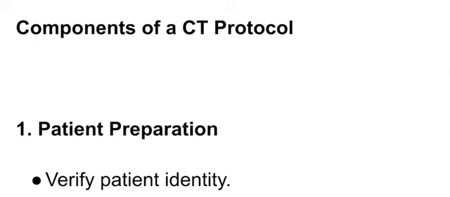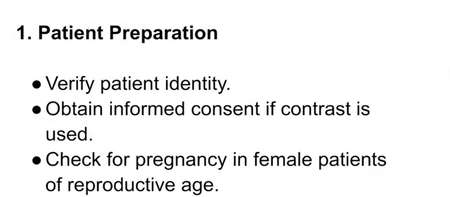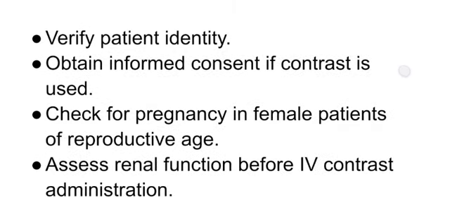So what are the measures which have to be followed during a CT protocol? First is patient preparation. First, we have to verify the patient's identity and obtain an informed consent form for a contrast study. If we are using a contrast for a patient, then it is necessary to maintain a consent form.